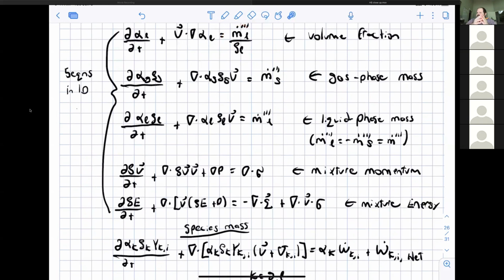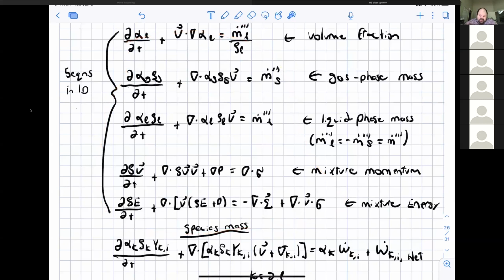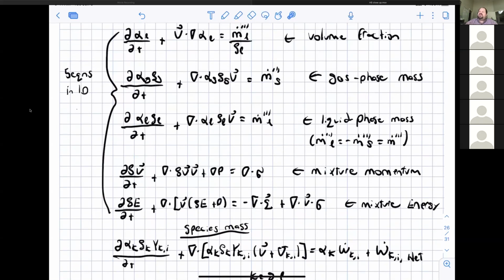And to date, no one I know of, we're starting to do it now, has actually solved a reacting flow version of these equations for a fully compressible flow. The numerical techniques for solving these efficiently and robustly and accurately have really just been developed here in the past 5 or 10 years.